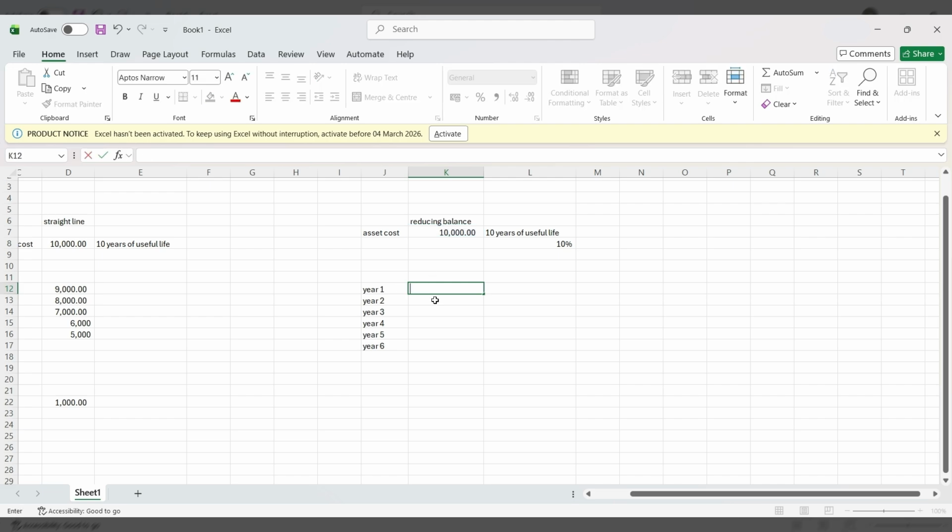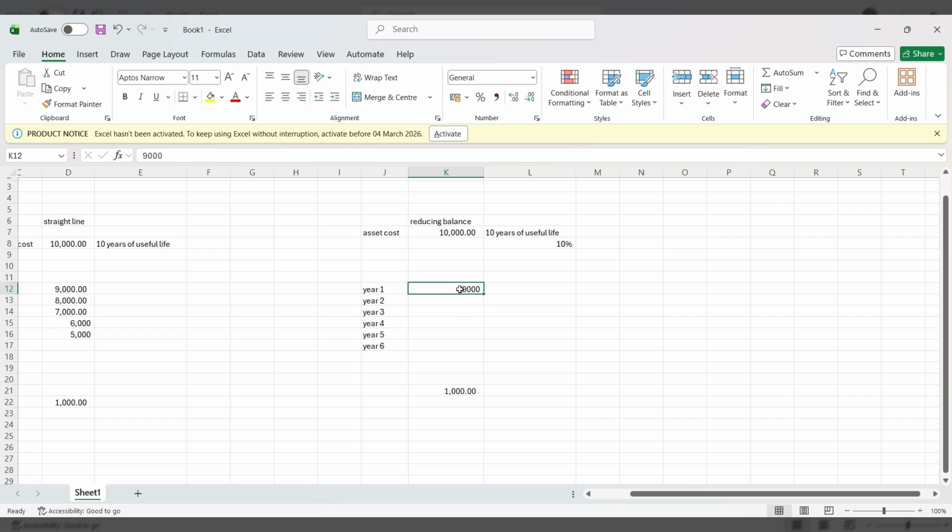Well, maybe let's not do it there, we'll do it here. So it's going to be the cost times the percentage, which is 1,000 in year 1. So 10,000 minus our depreciation charge of 1,000 leaves us with a total of 9,000 in year one. Now, watch this.